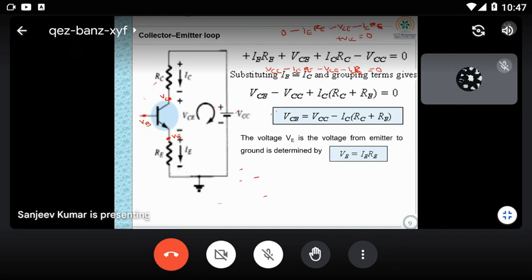Then how to find out VB? VBE is equal to VB minus VE, so VB is equal to VBE plus VE.